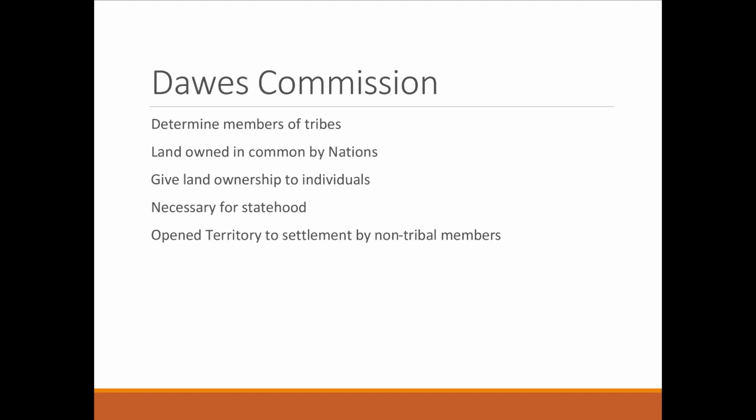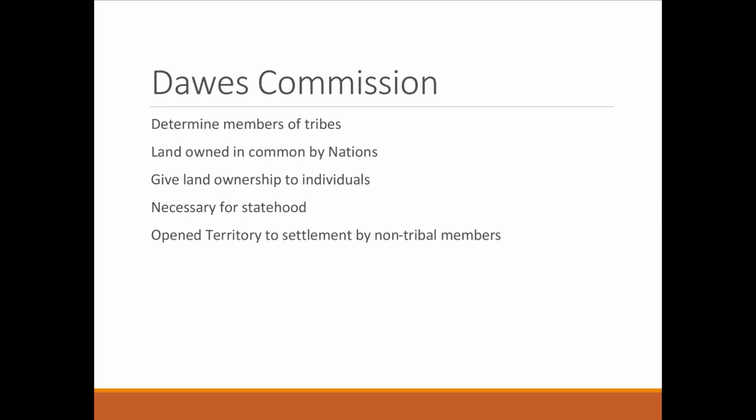So the purpose of the Dawes Commission, one of them, was to determine who were the members of these 5 tribes. And then they would give the land ownership to individuals. The land previously was owned in common by the nations, although people could have the area where their home and their barns were, and they farmed in certain areas, but it wasn't deeded to them like we have deeds now.